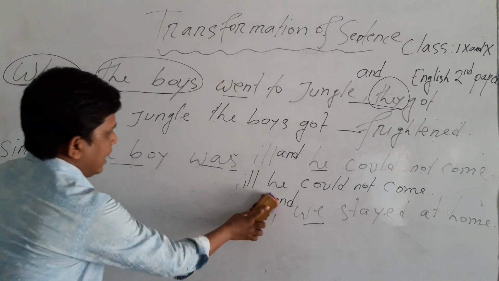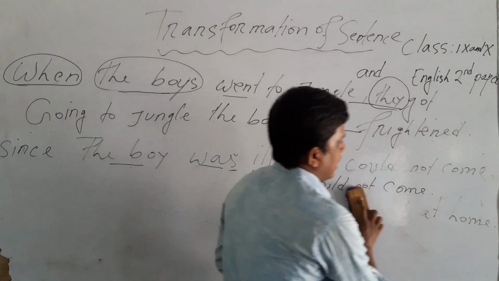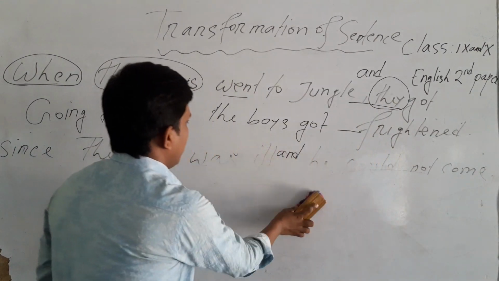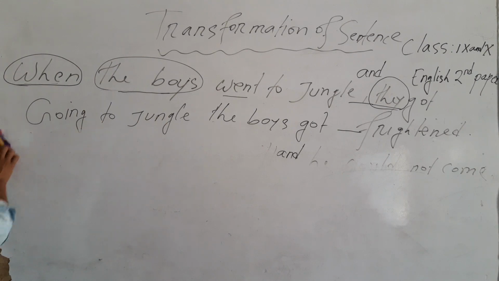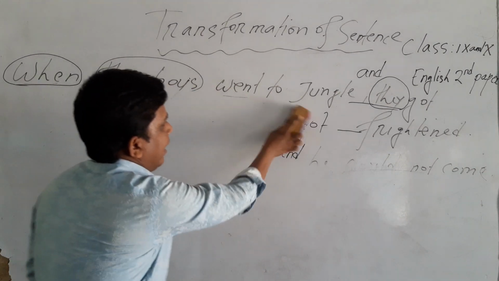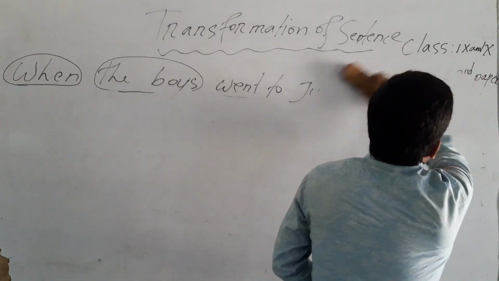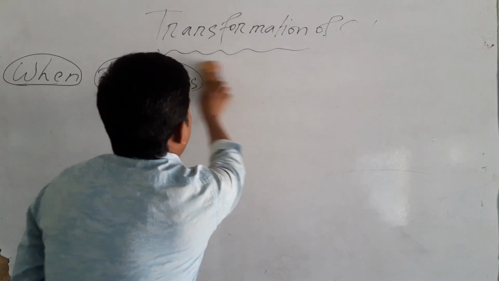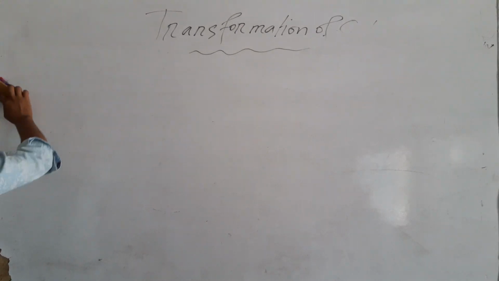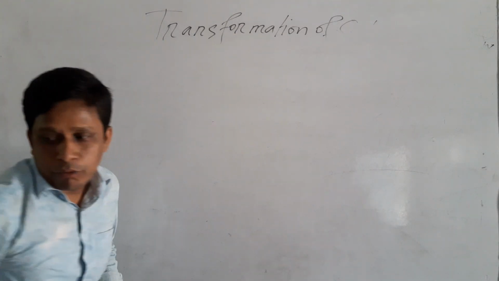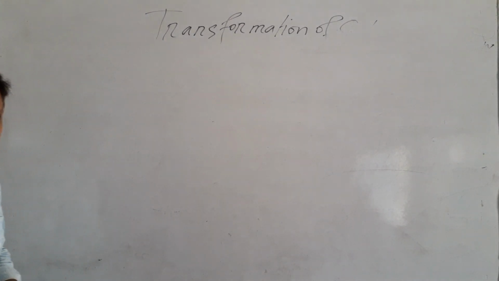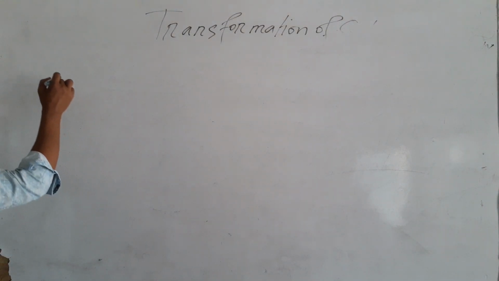Now, dear viewers, I am giving you some exercises, or some sentences, to practice yourself. I hope you will practice yourself at home, and of course you have learned the lesson. Now check your exercise book and write down the sentences to practice yourself.